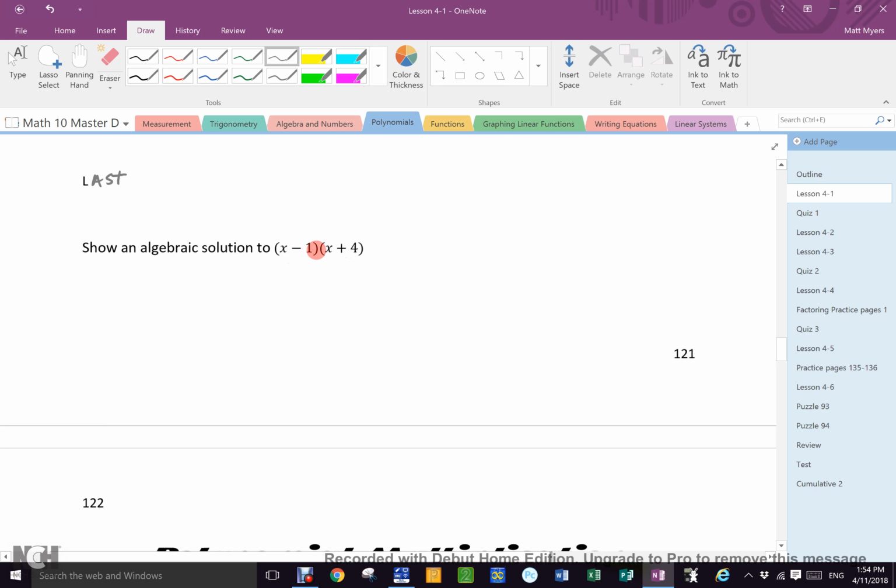Show this as algebra. So, x minus 1, x plus 4. Show it as algebra. What's the first thing you're going to distribute? The x on the left into the binomial on the right, correct? So what is my first line going to be? What's x times x? X squared. And what's x times positive 4? Plus 4x.